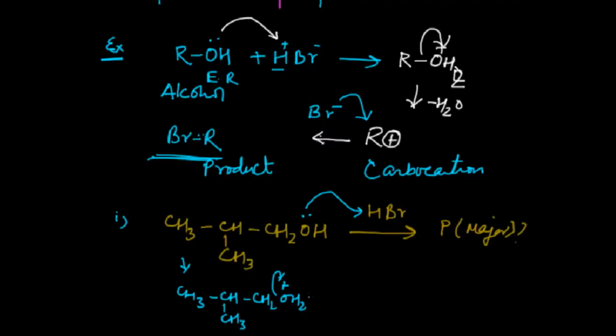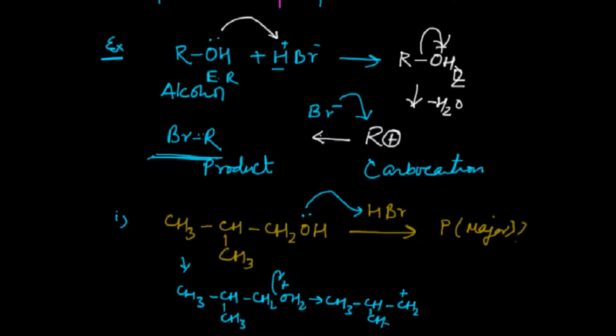There is loss of H2O, so it forms a primary carbocation, CH3CH2CH2 positive. Now a hydride shift occurs.